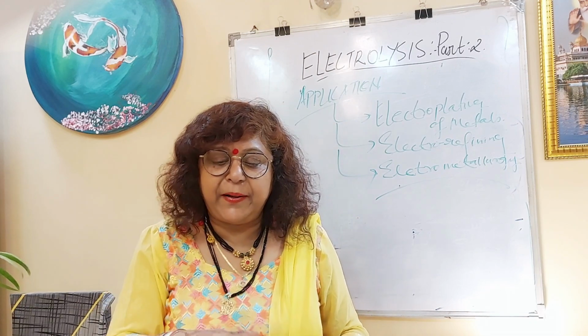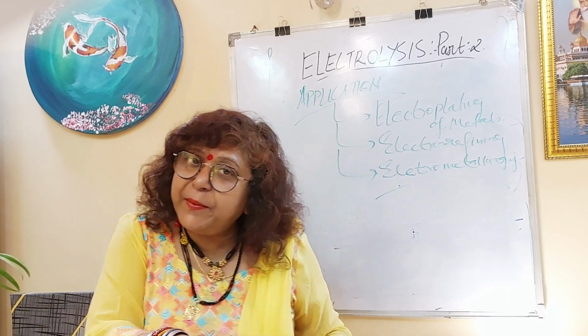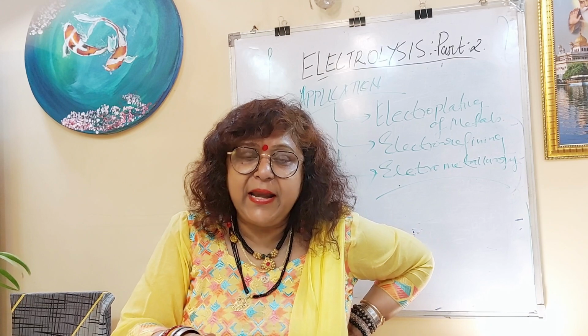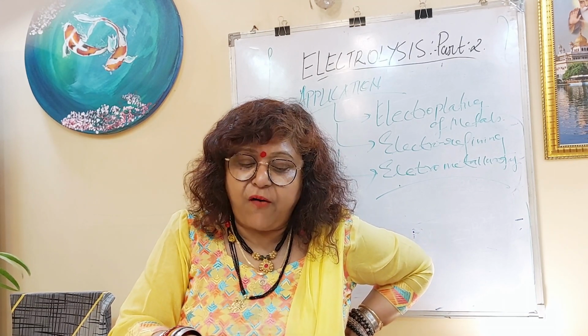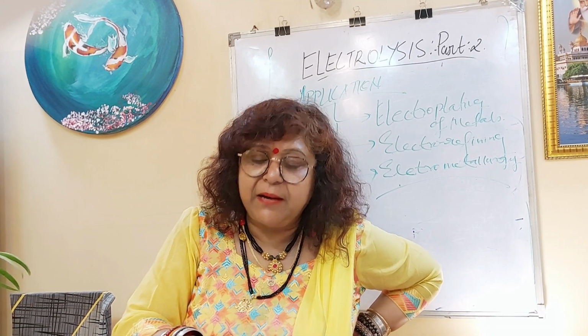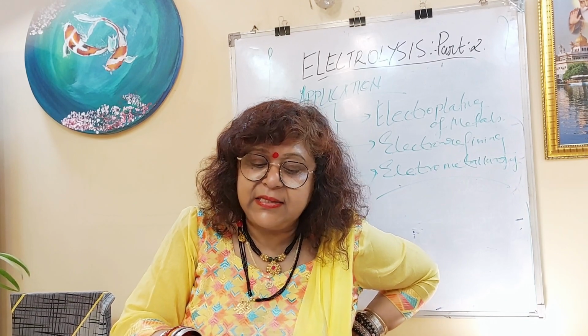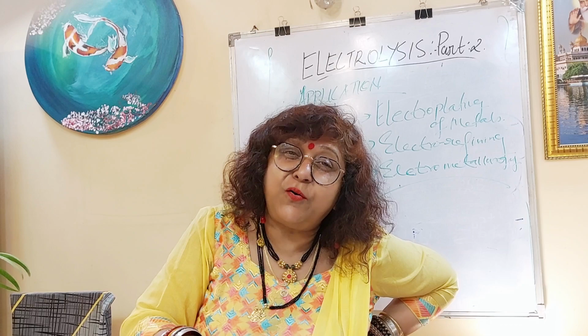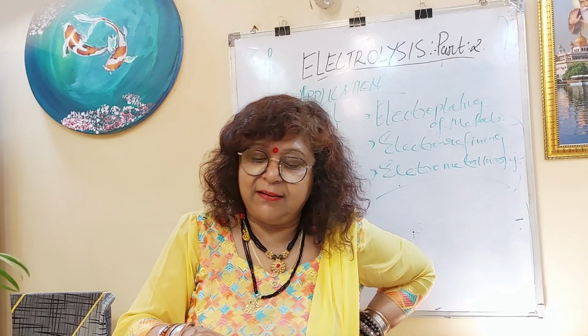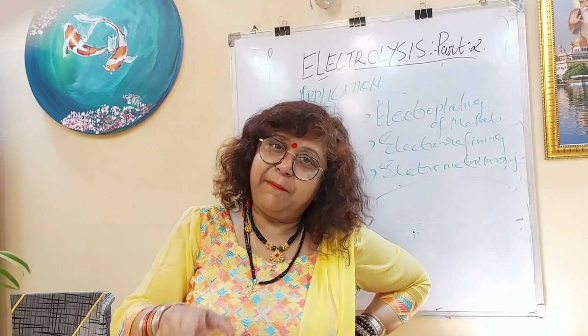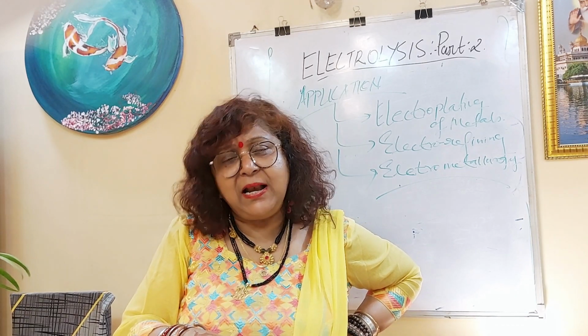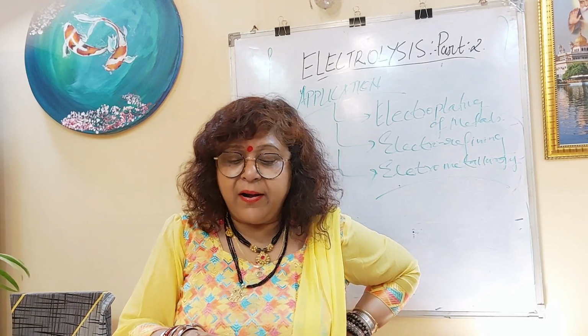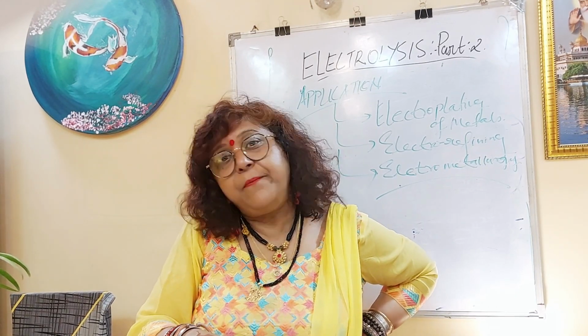Now what is electroplating? Electroplating is an electrolytic process of deposition of a superior metal like nickel, silver, chromium, gold over a base metal. So the keywords are superior and base, over the surface of a base metal or an article like copper, iron or brass.